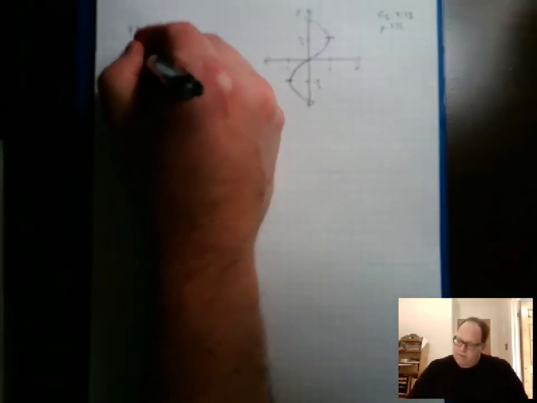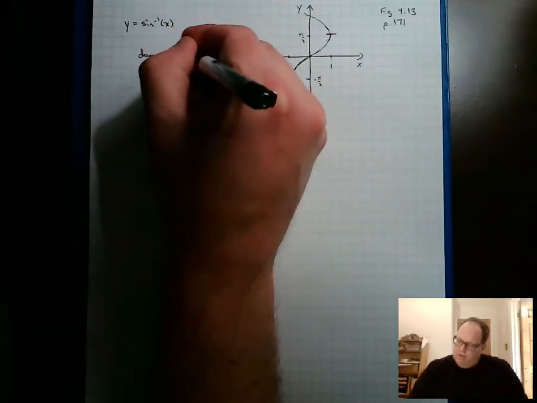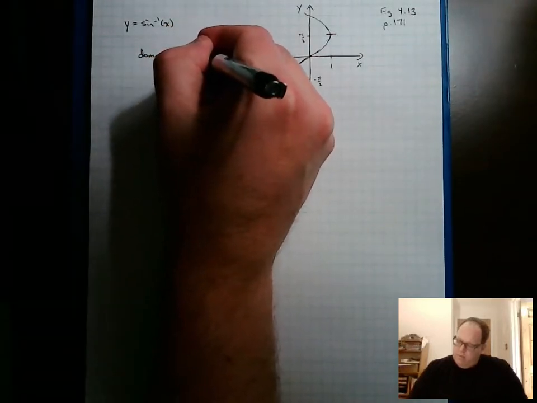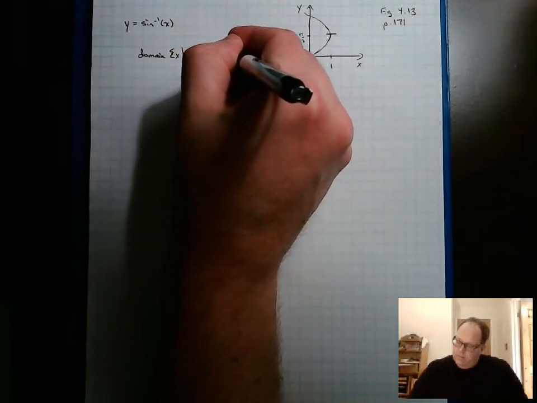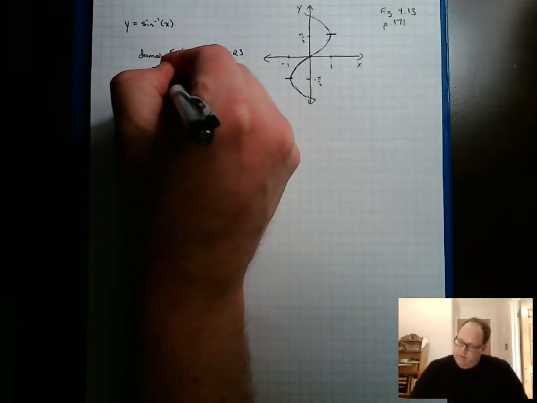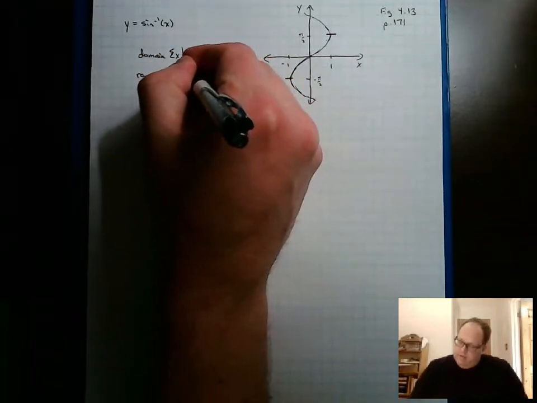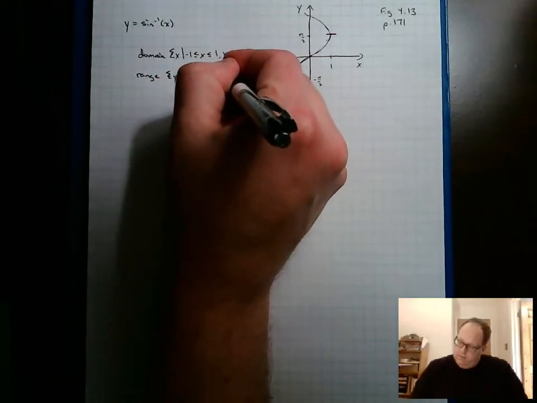In this case, my domain would be x values between negative 1 and 1. And my range would include y values between negative pi over 2 and pi over 2.